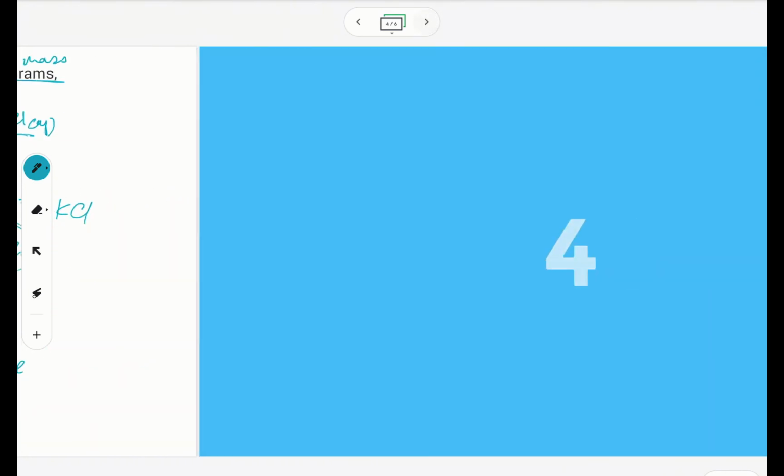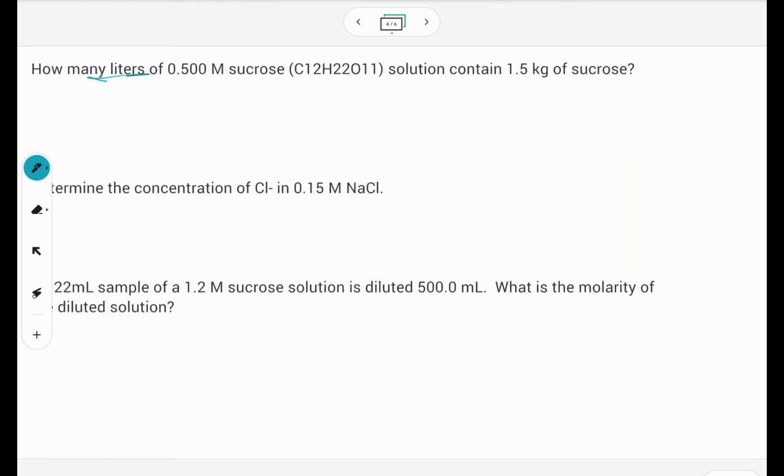Okay, next problem. It says how many liters, so our question or our goal is volume in liters, of 0.5 molar sucrose. So again, let's go ahead and translate this into its actual pieces. That means there are 0.5 moles of C12H22O11 equal to every 1 liter of C12H22O11 aqueous.